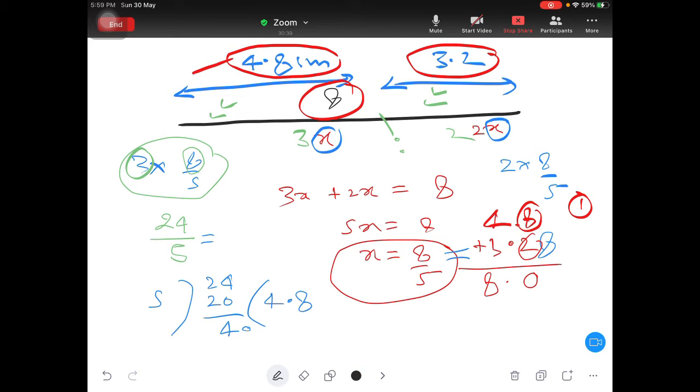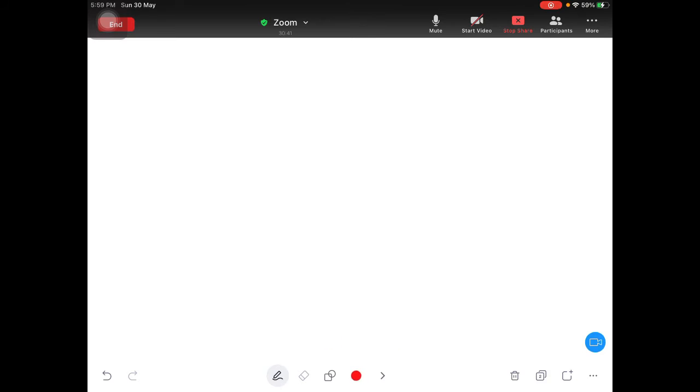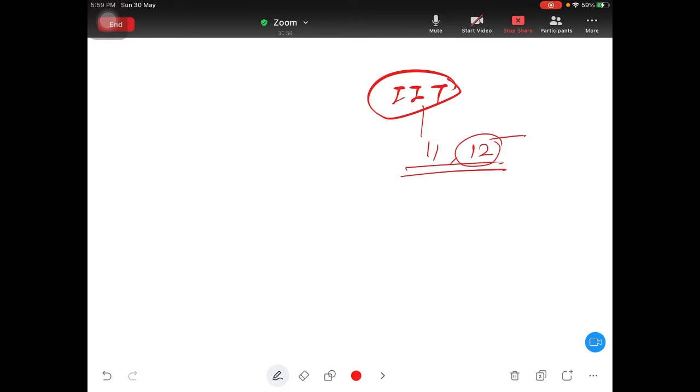Actually, you understand my logic. The IIT exam happens after 11th and 12th, when you finish your 12th. Actually, if you are in 12th, that time also you can appear for IIT. And if you are 12th pass, that time also you can appear.